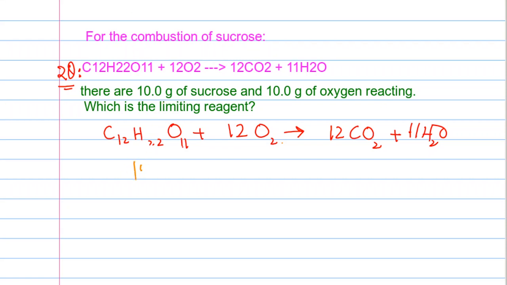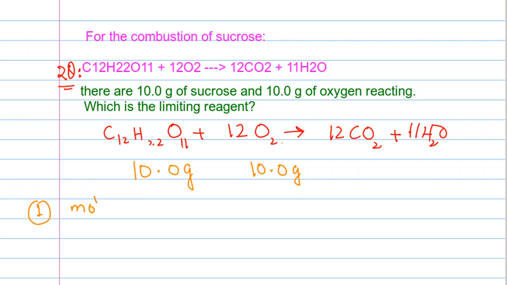First of all, we will see which data is given to us. 10.0 gram of sucrose and 10.0 gram of oxygen is given to us. First of all, we will calculate the moles in order to get the values. The first step, how to calculate the moles?